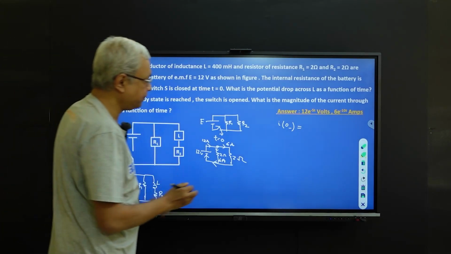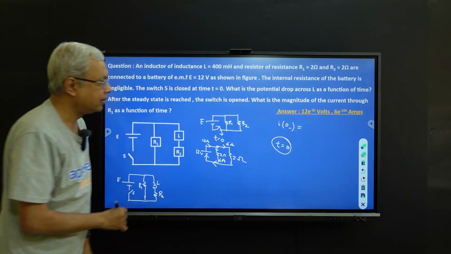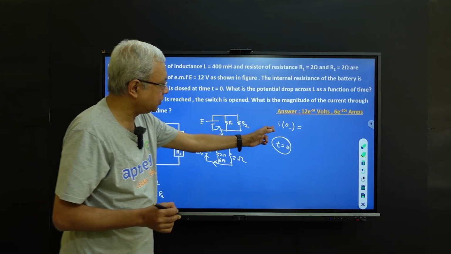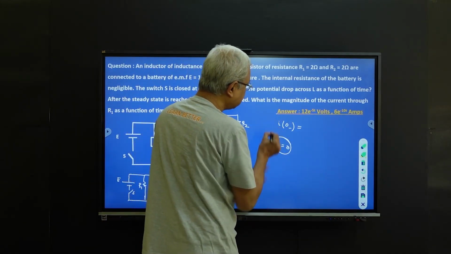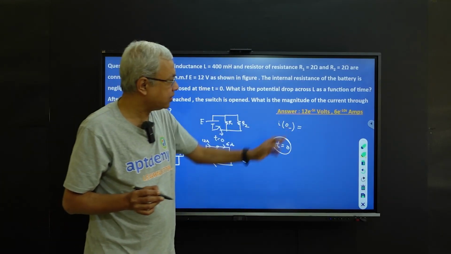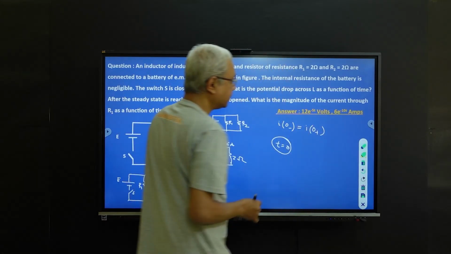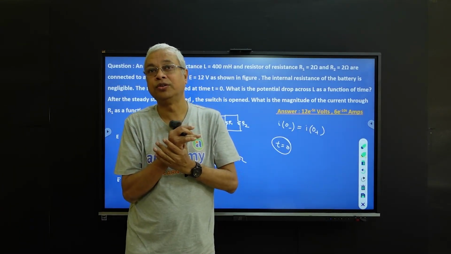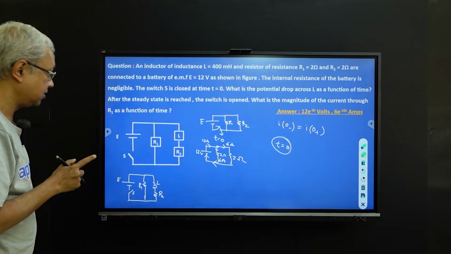That means if at t equal to 0 a switch is made on, and the current through the inductor just before switch on is I0 minus, it is a typical mathematical notation, then that is equal to I0 plus, the current just after switch on. The current through an inductor in a circuit cannot change instantaneously.